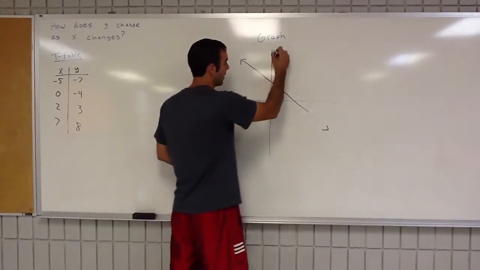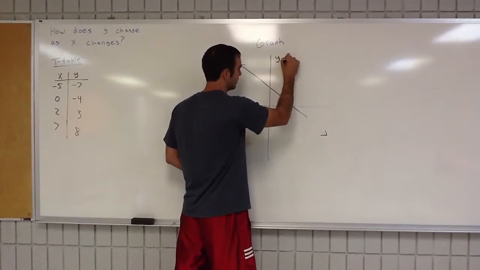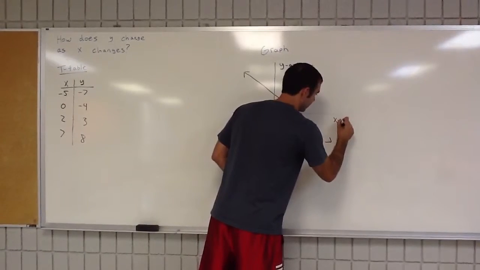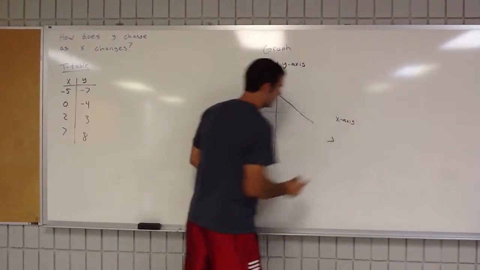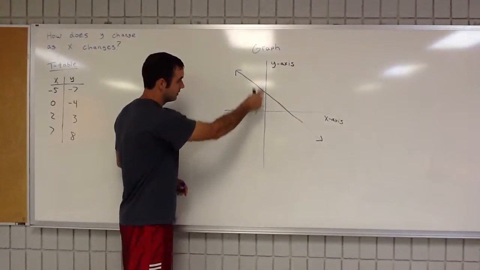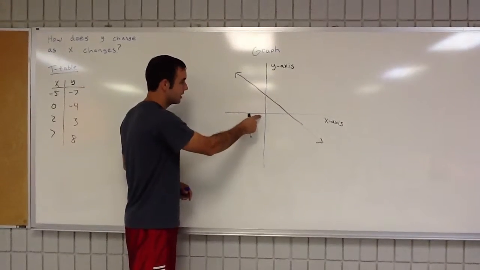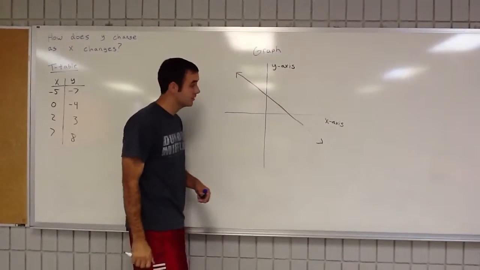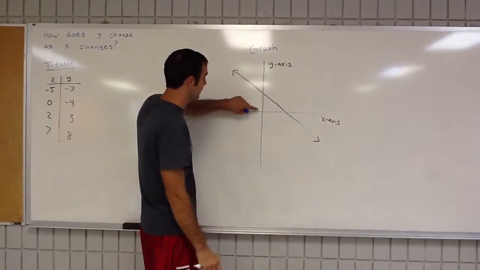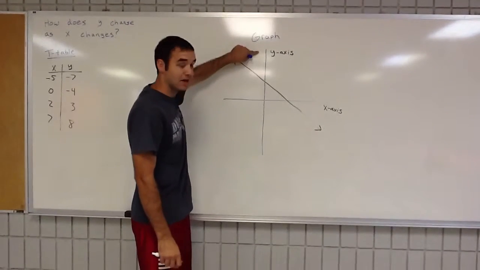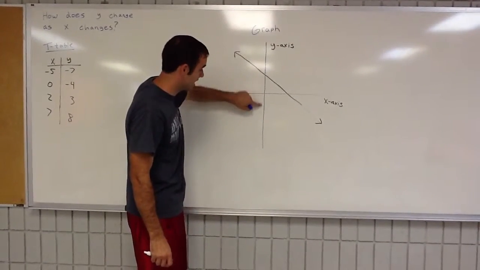And you have a y-axis, and you have an x-axis. Okay? Now everything to the left of this up and down line are negative x values. Everything to the right of it are positive x values. And everything above this horizontal line is positive y values. Everything below it are negative y values.